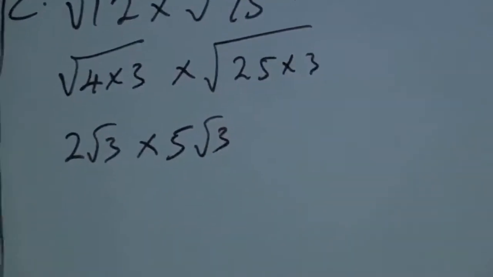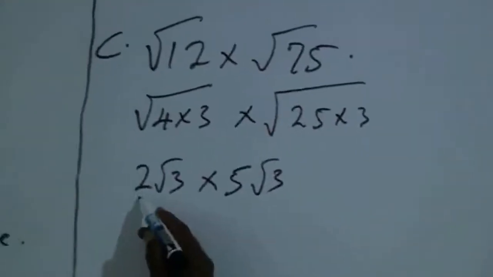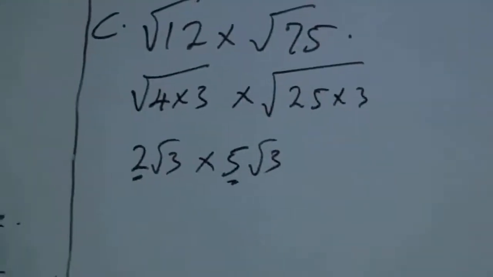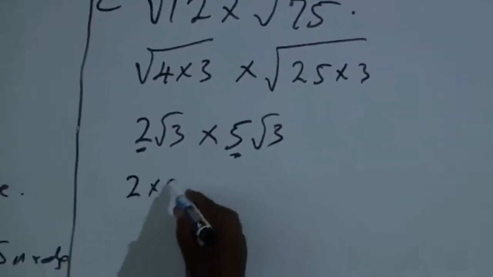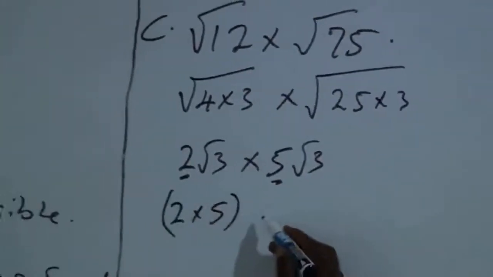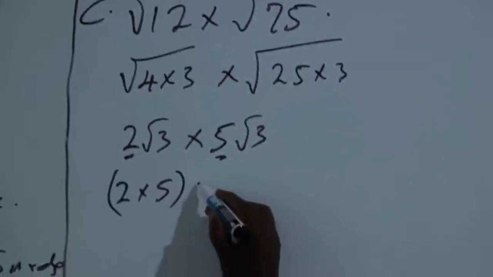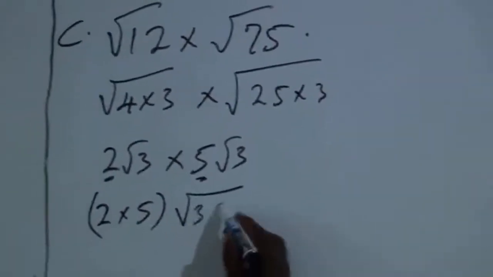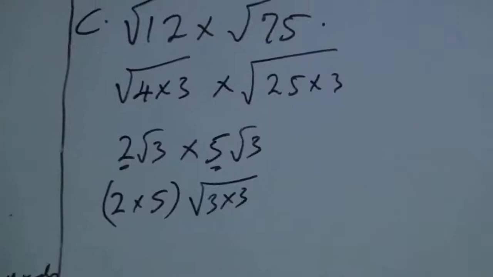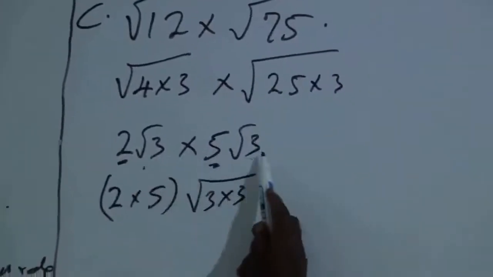So we'll now check it out. What do we group together? 2 and 5. That means I'll have 2 times 5, and then times root 3 times 3, because we have root 3 here, we have root 3 here.